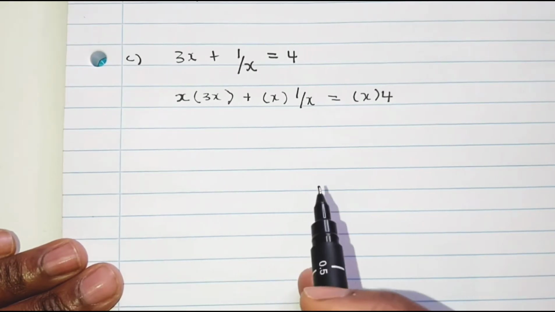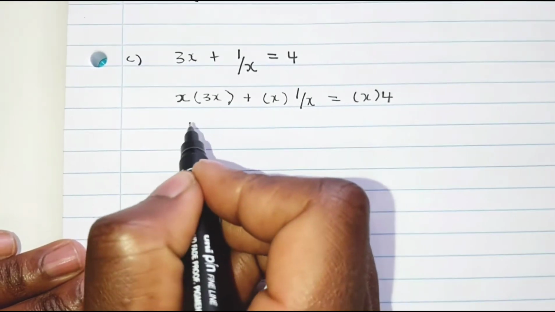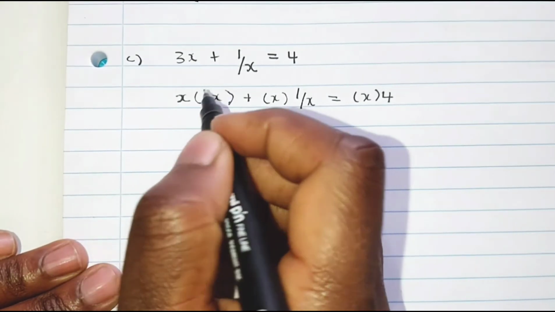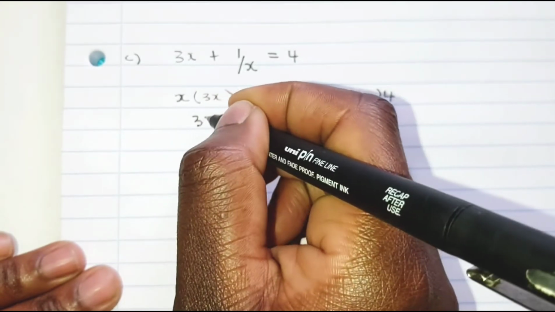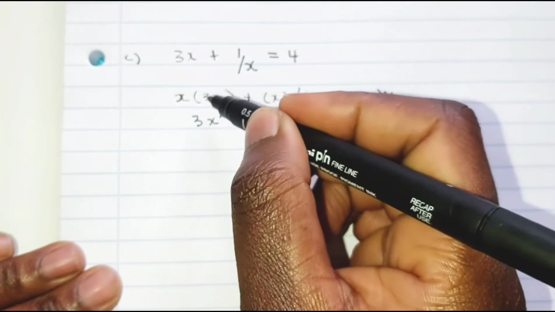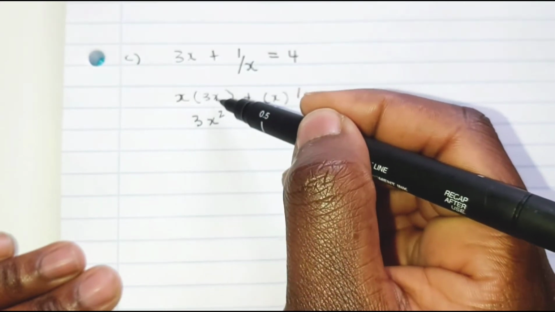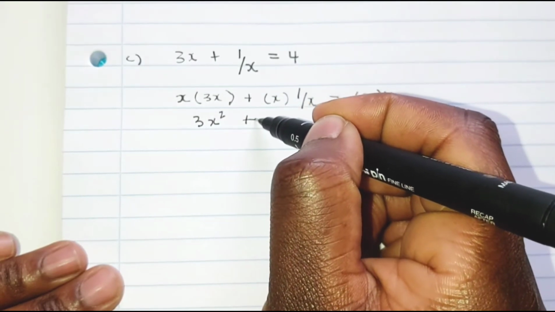Because now that we have this, our next step is going to be 3x squared, because x multiplied by 3x gives you 3x squared, right? Bringing down our positive.